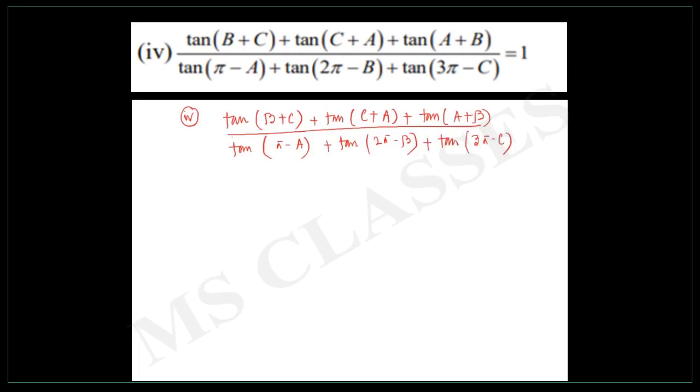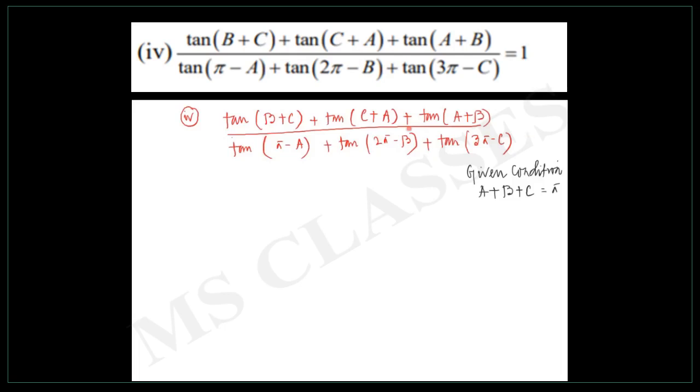Now, here the given condition, A plus B plus C equal to pi. Now we have to show the whole expression is equal to 1.